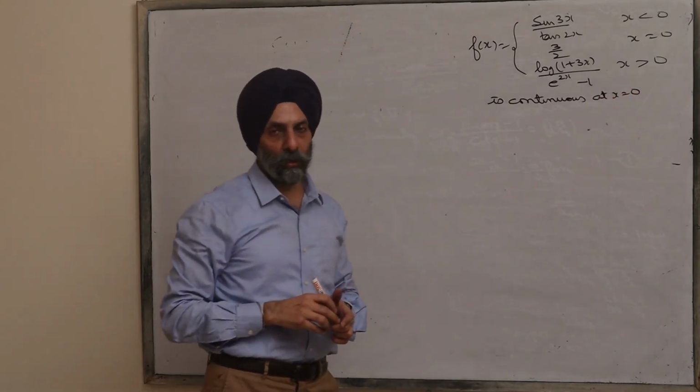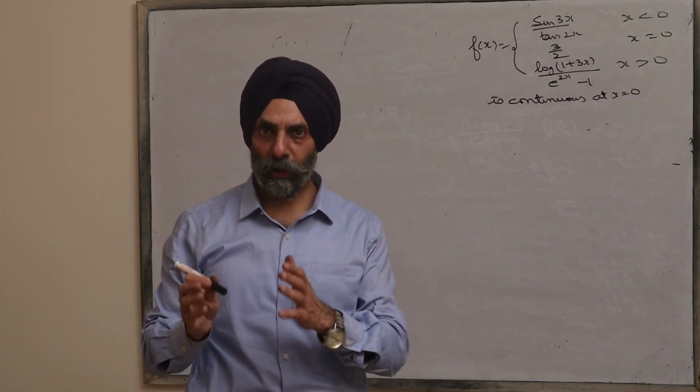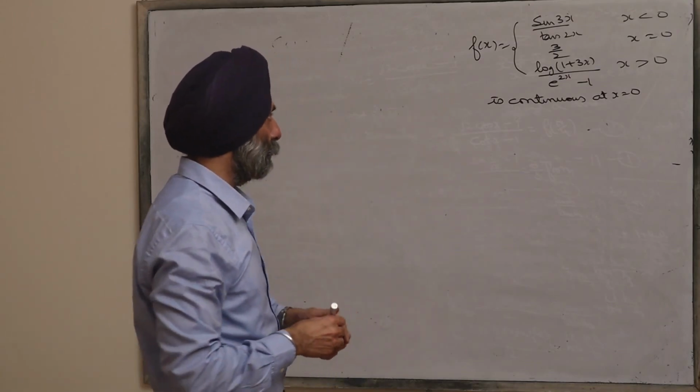So continuity at x is equal to 0 means that we will find the left hand limit, right hand limit, and the value of the function at 0 is given.